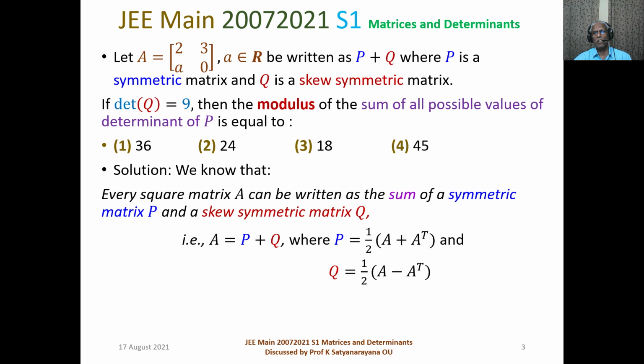Further, this representation of writing A as a sum of a symmetric matrix P and a skew symmetric matrix Q is unique.